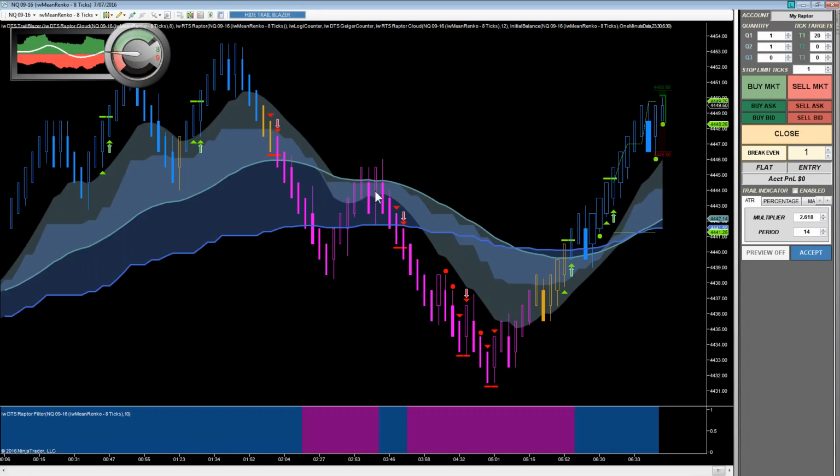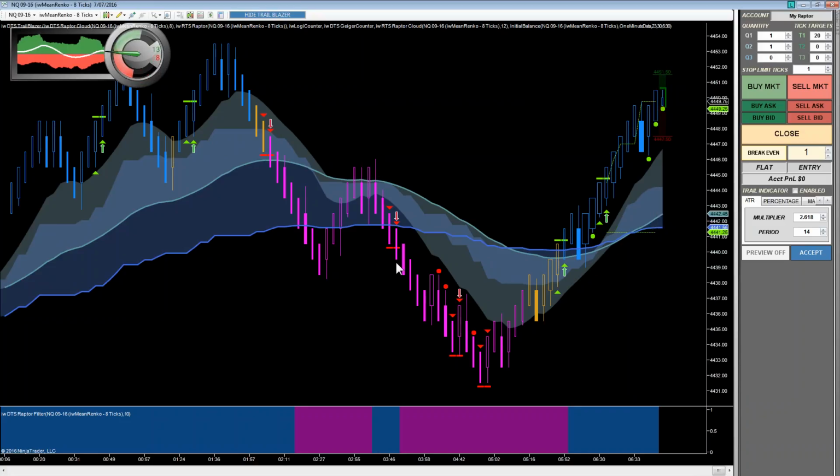Or we're just beginning to cross over? Sometimes this will occur within the band as the clouds are crossing. Sometimes it will occur just after the band has crossed, but it's something to keep a lookout for. What we're looking for is the market to retreat into the cloud, and then for the cloud to bounce the market out.